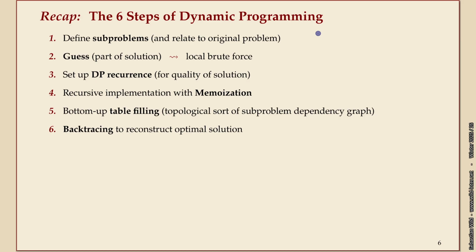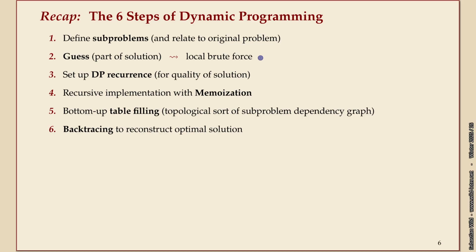The way I teach this, I say dynamic programming has these 6 steps, and I'll show you on the example of edit distance what I mean by these. We always have to define what the subproblems of the original problem are. And we have to somehow solve the original problem as a special case of one of these subproblems.